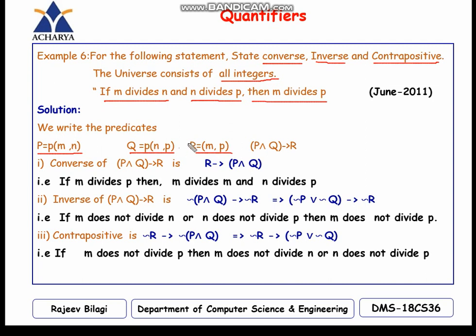Now the converse: the statement is P and Q then R. This is the proposition. The converse of this is R then P and Q. If it is P then Q, then the converse of that is Q then P.